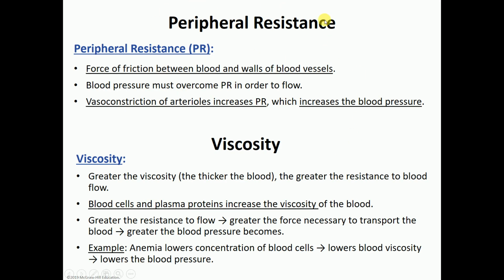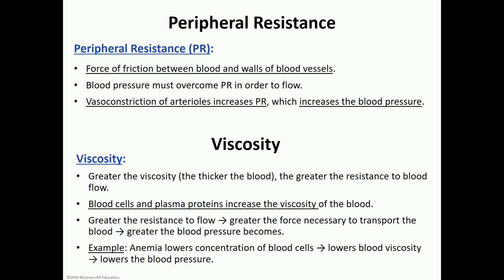Now for the peripheral resistance, and that is the force of friction between the blood and the walls of blood vessels. So as the blood is pushed through the blood vessels by the heart, the blood is going to rub against the walls of the blood vessels, so that friction is the peripheral resistance.